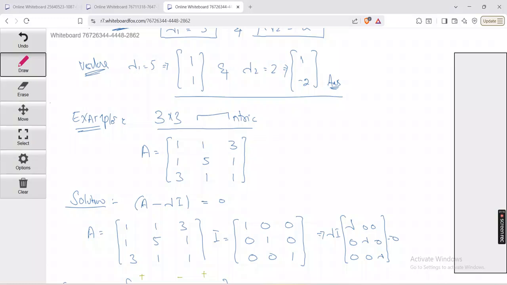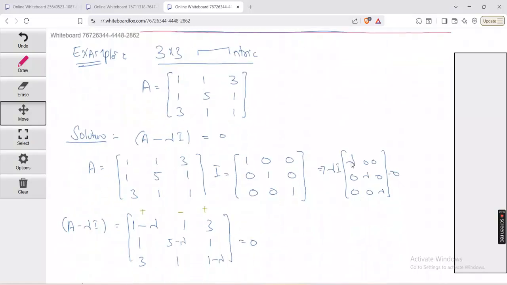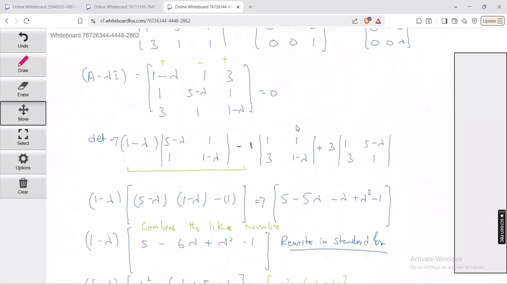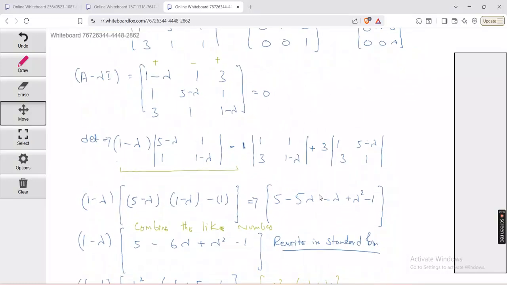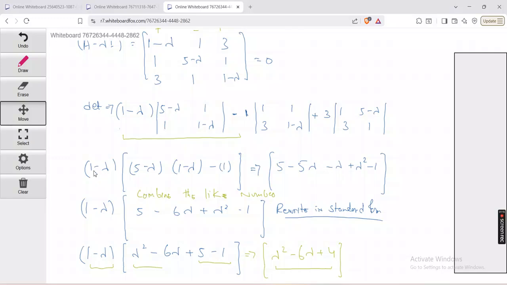From here we started. 3 by 3 example. So this is one given matrix. All the steps are the same. We did it in the 2 by 2 also. The determinant is a bit long. So my suggestion is don't multiply directly in the beginning, then you will get confused.